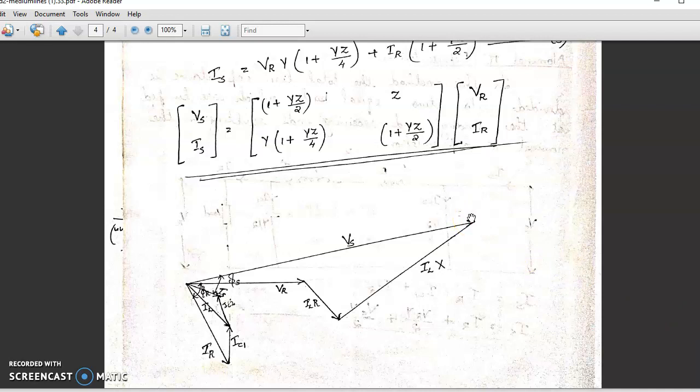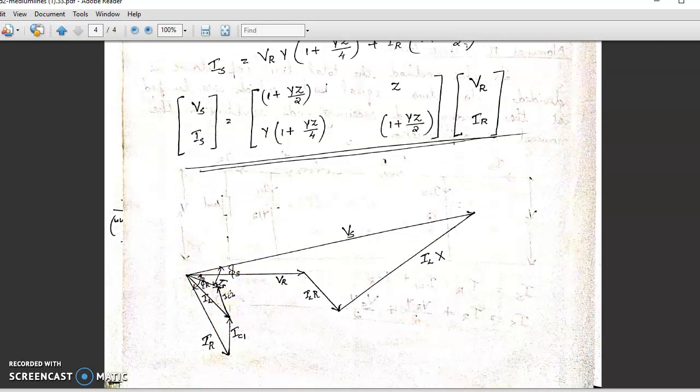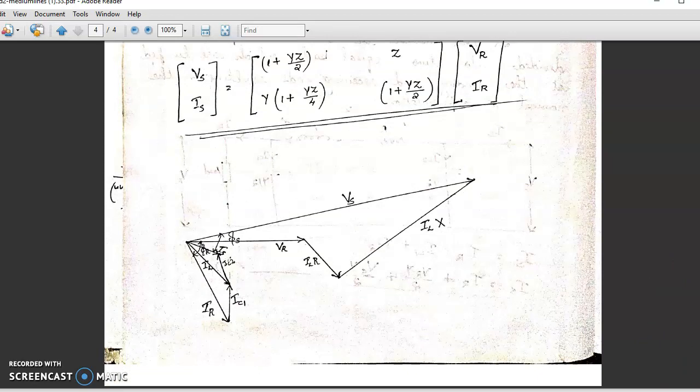IC2 will be leading Vs by an angle 90. So, instead of drawing it over here, I have drawn it here, that is IC2. Then the resultant will give you IS. So, the angle between Vs and Is is phi s. So, that's all about medium transmission lines. Thank you.